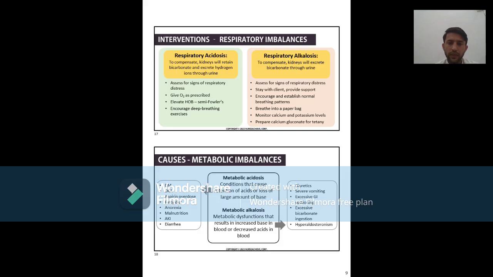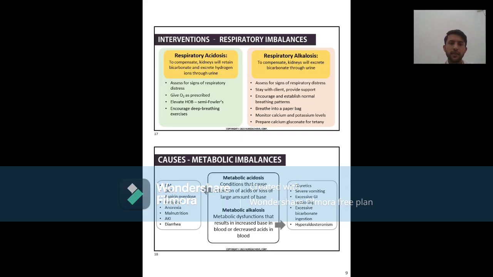We also have another condition, which we call acute kidney injury. In acute kidney injury, the damaged kidneys lose their ability to filter out daily metabolic waste and hydrogen ions. These acids build up in the bloodstream because the kidneys can no longer excrete them or reabsorb bicarbonate.